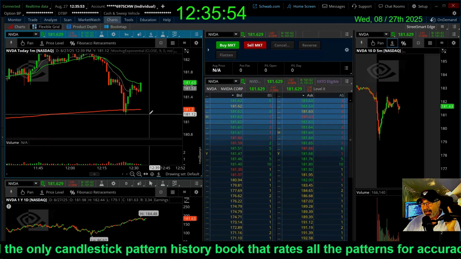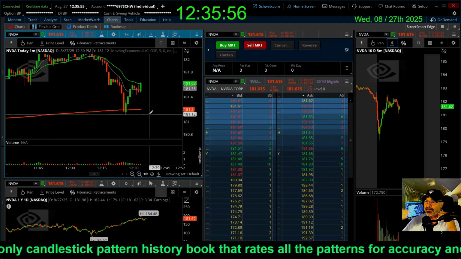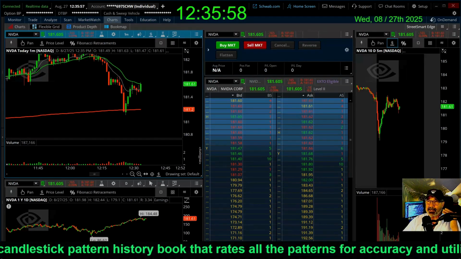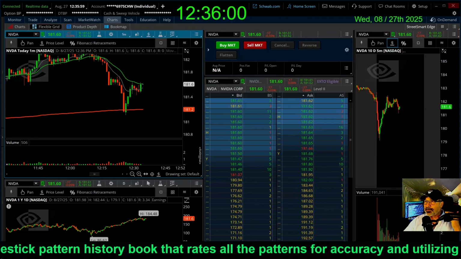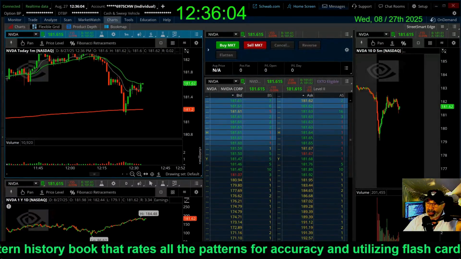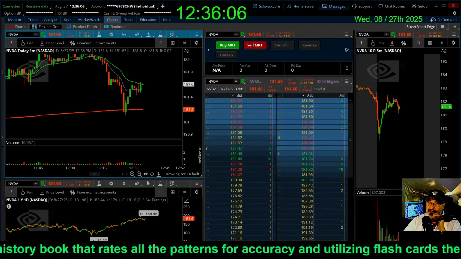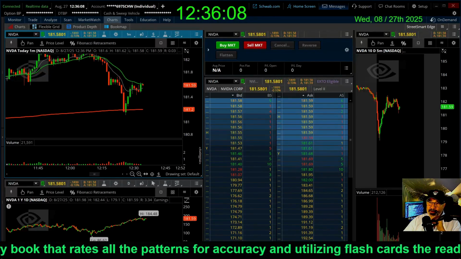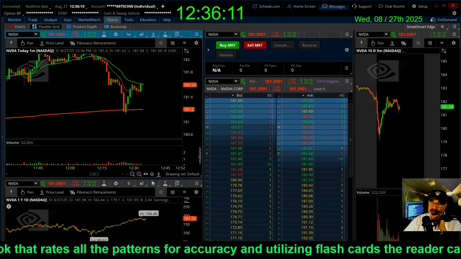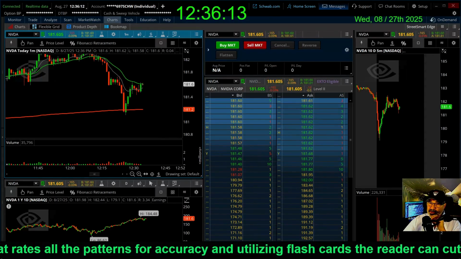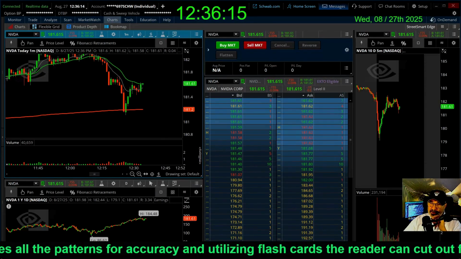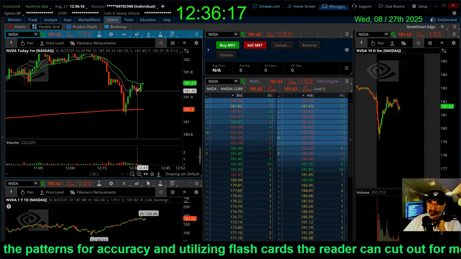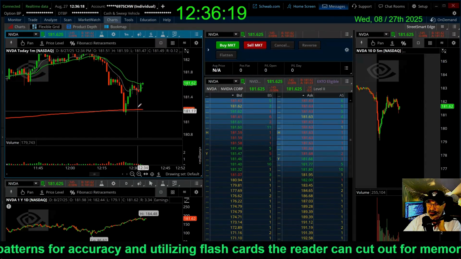Now, how do you get that? How do you get the probability that the trade's going to go in your favor? Well, there's a couple of ways to do that, and the whole idea, and you can read lots of books on the subject, is you're looking for an edge. You're looking for anything, when you figure out that you want to just get 5 or 10 cents on a move.